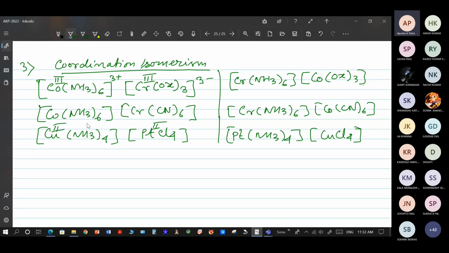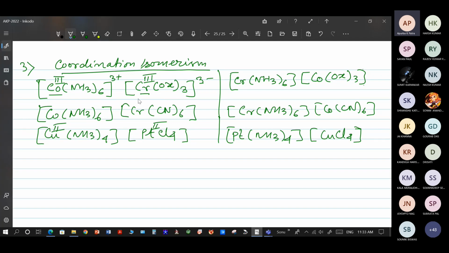Okay, so platinum is in the +2 oxidation state, copper is also in the +2 oxidation state. Now you can think of what happens. The cation and anion will be different in these two complexes. But suppose you can make a compound where both the metal centers are the same, then it will be very difficult to tell whether you are going to get some other isomers or not, because even if the ligand exchange takes place, as the cation as well as the anion of that compound contain the same metal ions, you will not have any idea whether any ligand exchange takes place in the solution phase.